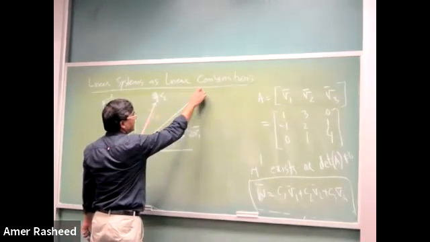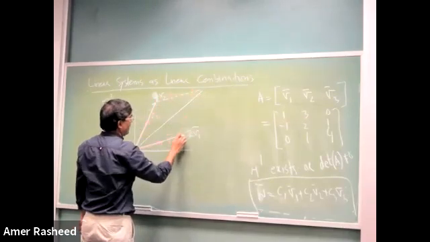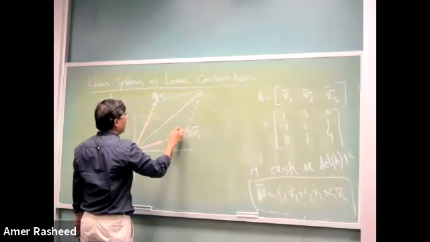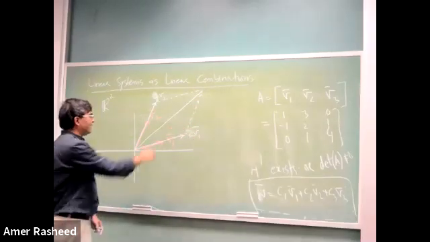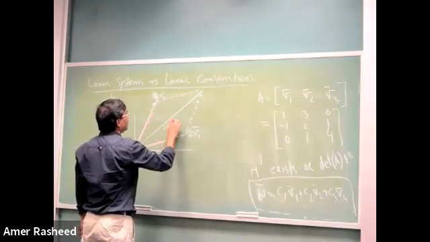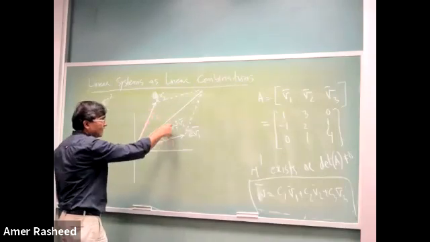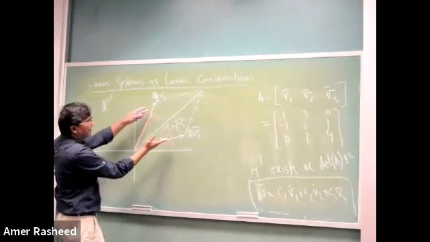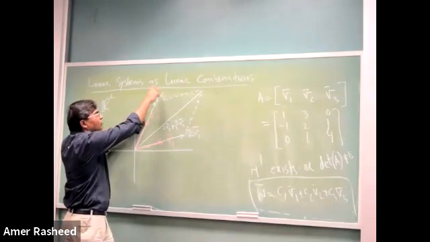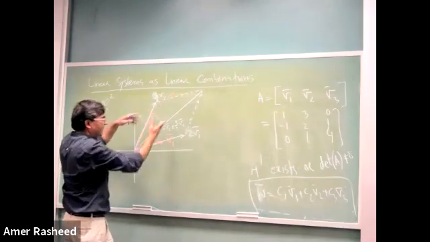You get this vector, and with this vector you can make a parallelogram. Now this is a vector 2V1 plus 3 by 2 V2. This is a new vector, which is a linear combination of these two vectors, 2V1 and 3 by 2 V2. Linear combination is basically the sum of these two vectors.